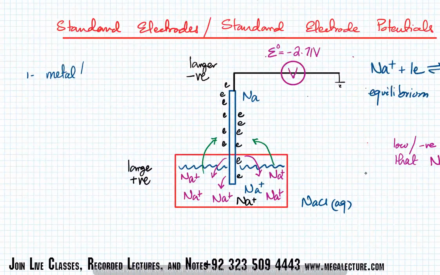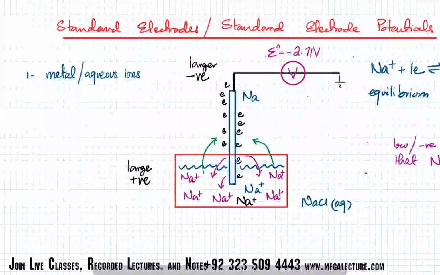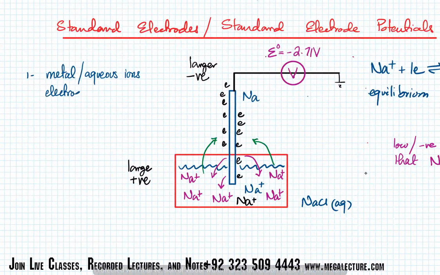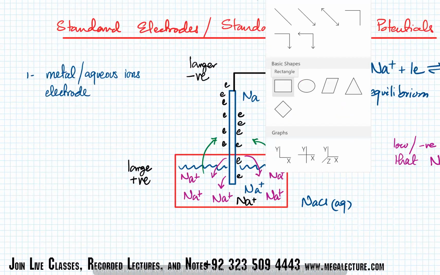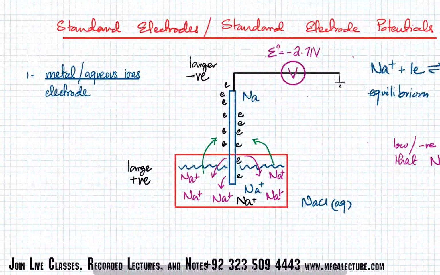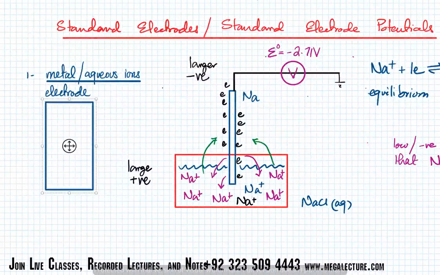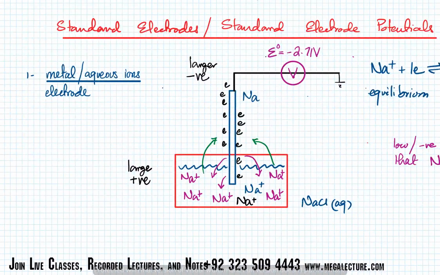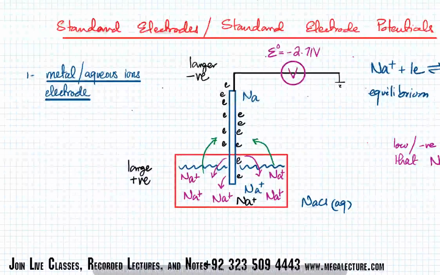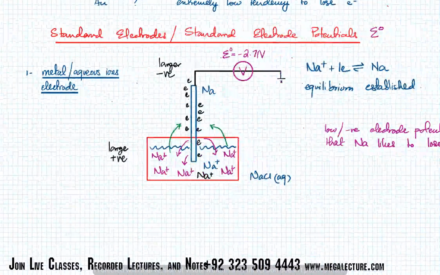So whenever you have a metal in equilibrium with its aqueous ions, that's the first type, the metal and aqueous ion electrode.